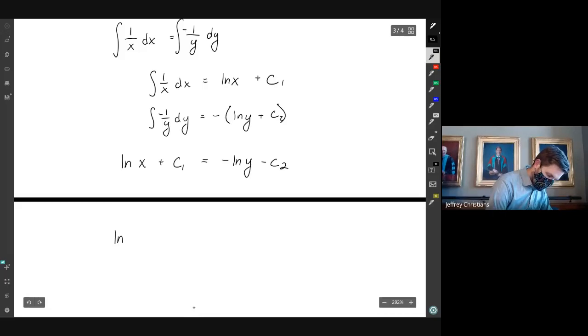Okay, so we have ln x plus ln of y equals negative C2 minus C1.